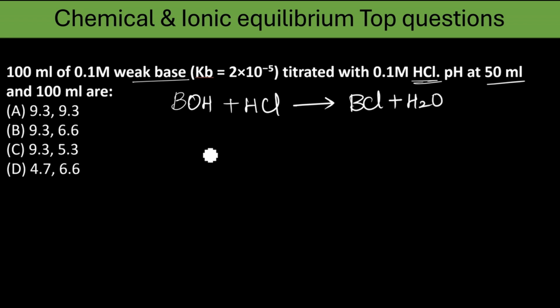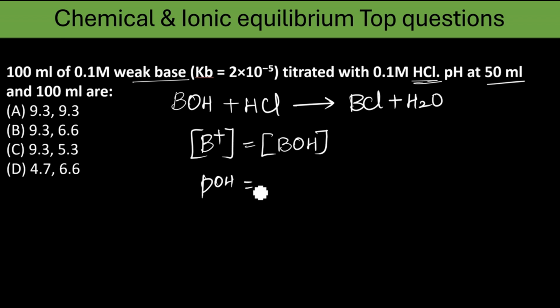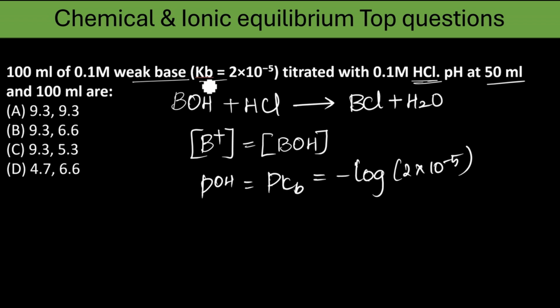So B plus is equal to the concentration of BOH. Now pOH is equal to pKb, so minus log of 2 into 10 to the power minus 5, because that is the Kb value given.